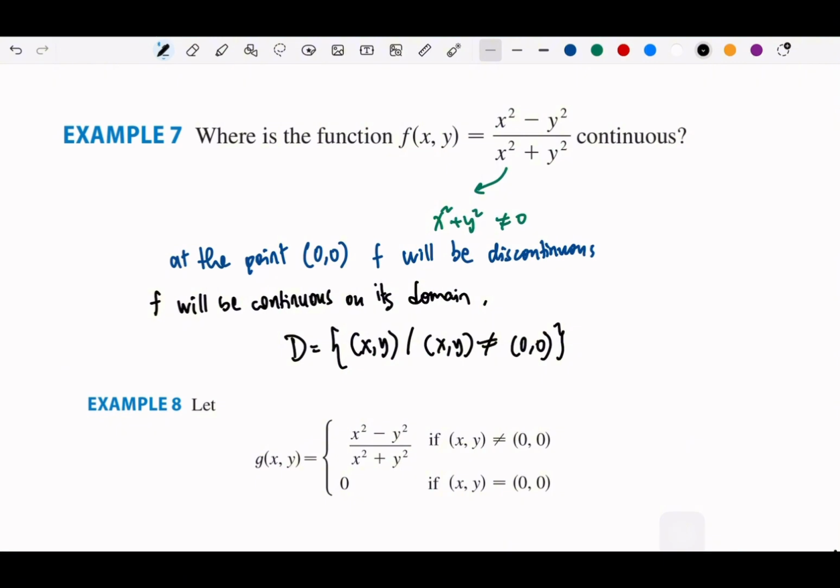And sometimes, to make it easy, the function could be described as a piecewise defined function, directly saying that this will be equal to 0 if it is at 0, 0. And in the other places, you can define this as long as it's not 0, 0. So we have this piecewise.